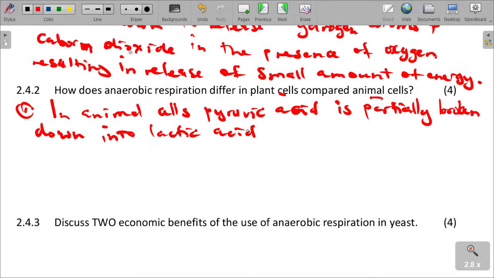It is partially broken down into lactic acid because of the fermentation process.